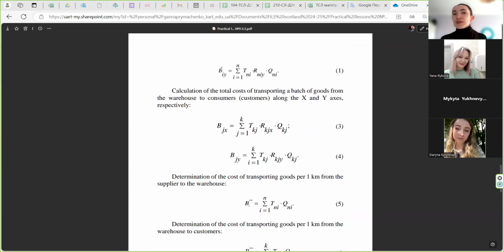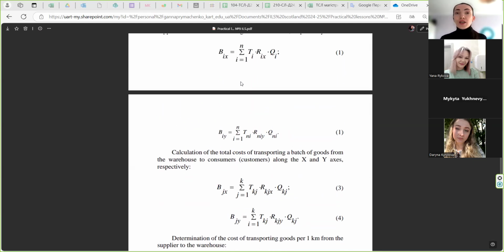Please write B with index EY is equal to, and the same parameters as our first formula. Also tariff, also we use distance, also we use how many cargo we need, but change only one parameter in this formula. It is parameter R.